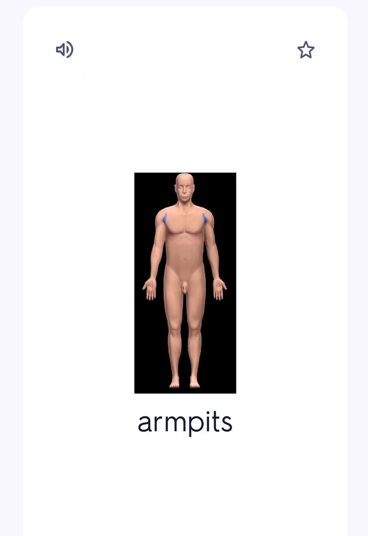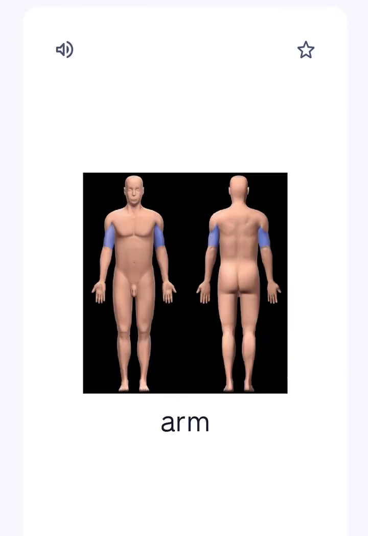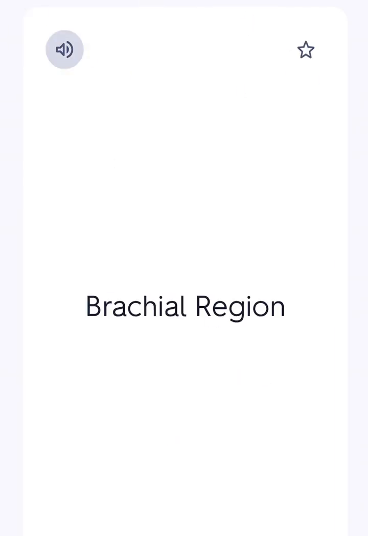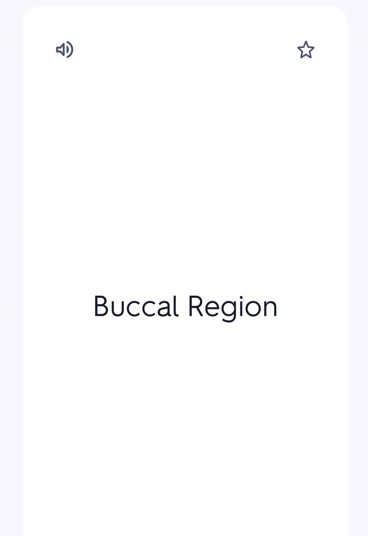Armpits: axillary region. Arm: brachial region. Cheek area: buccal region.